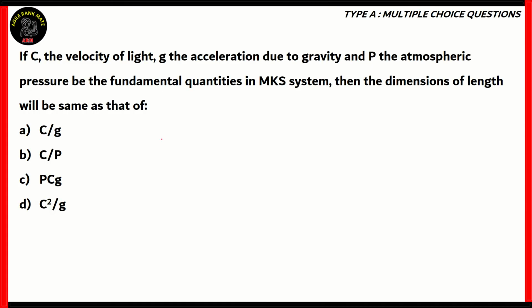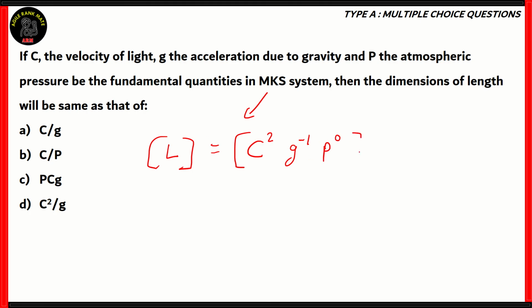So the dimensions of length in the MKS system will be C to the power 2. So if you look at it, it's C to the power 2, G to the power minus 1, since y is minus 1, and P to the power 0.